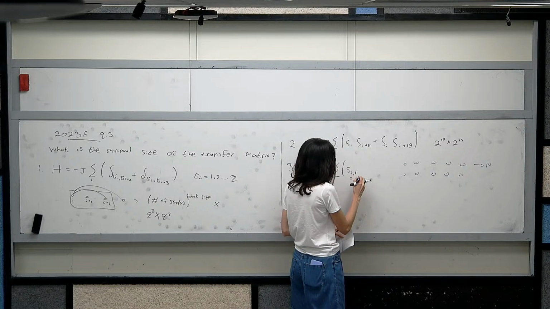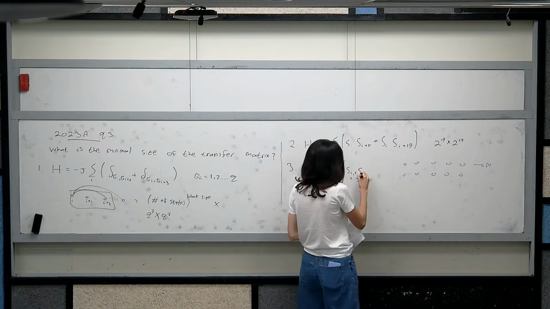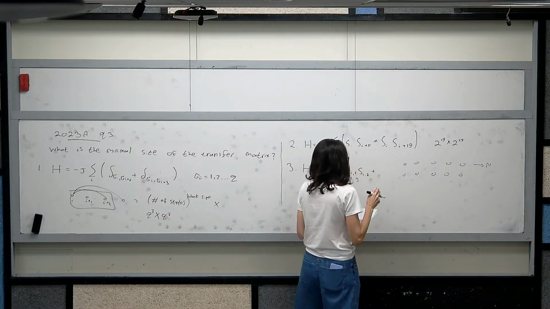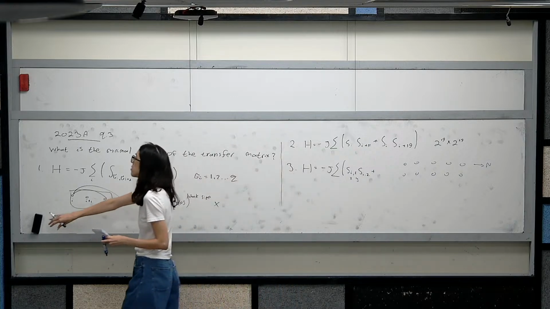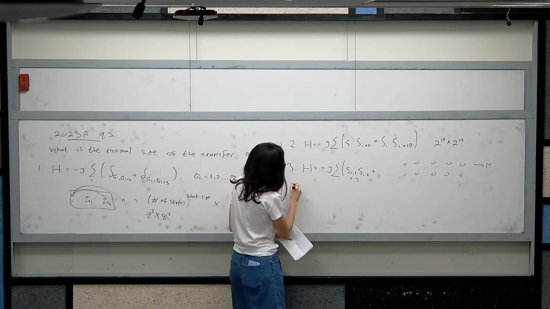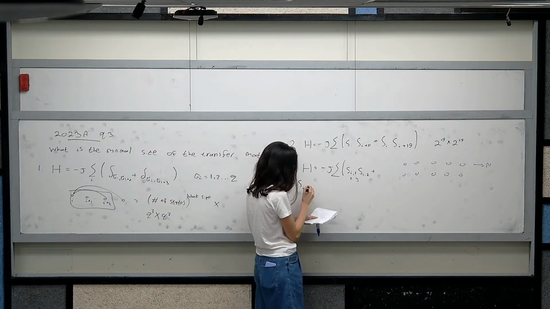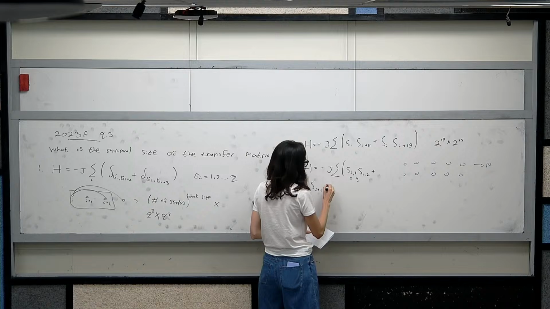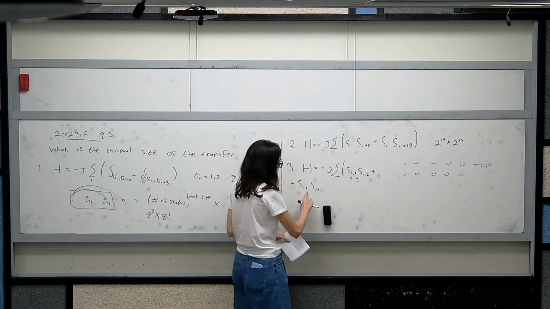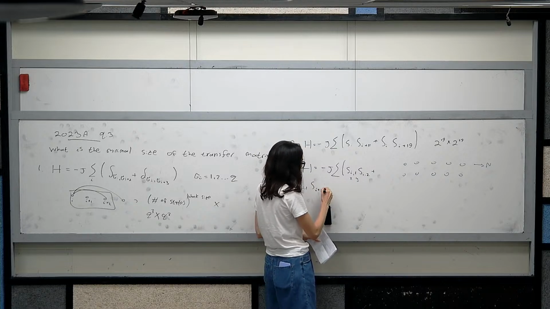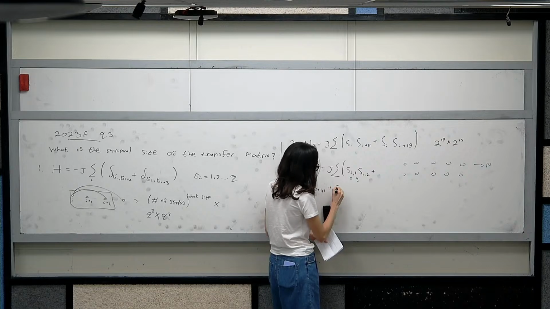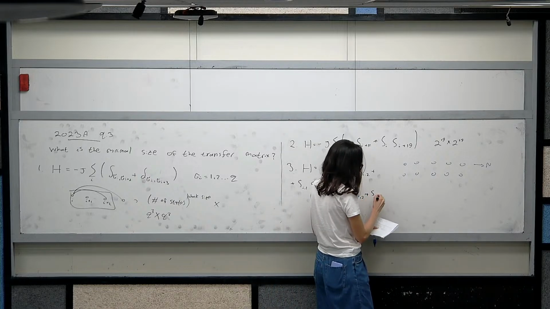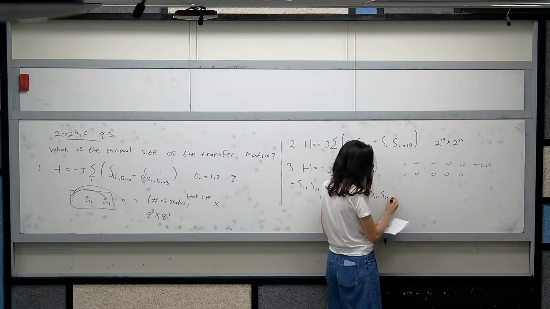So S_i1 with S_i2, plus S_i1 with S_(i+1),1, and S_i2 with S_(i+1),2, and S_i1 with S_(i+3),2.